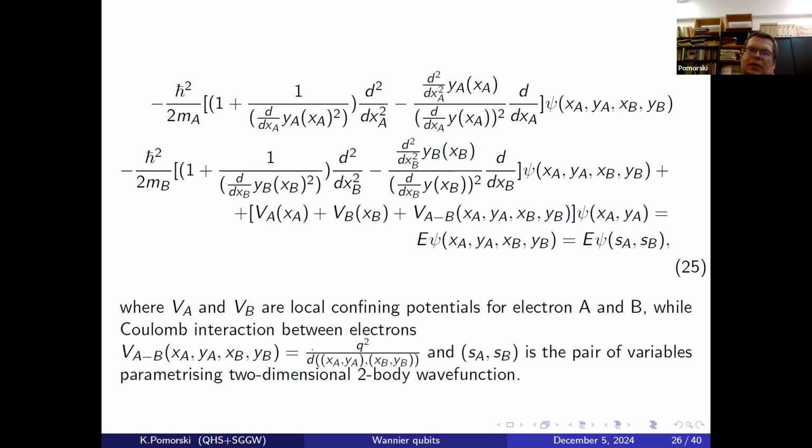Actually, you have these four coordinates that can be somehow reduced to sA and sB, two effective coordinates, because the distance when you walk across this wire gives you a unique position. So this is this type of problem from a mathematical perspective. What is kind of unusual in this current form of the problem is this effective position-dependent mass that is also related to bended cable. By the way, you don't need to have bended cable to have position-dependent mass.